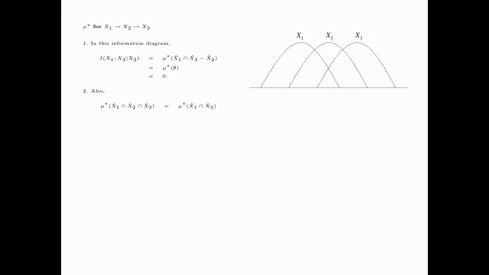Also, consider the atom X1 tilde intersect X2 tilde intersect X3 tilde, which is the atom shown here, is seen to be the intersection of X1 and X3.